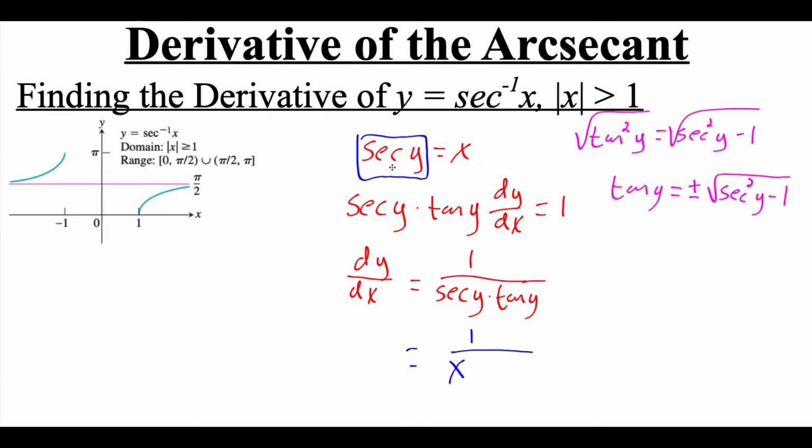And again, I'm going to do some substitution with that secant of y. We know that secant of y is x, so I can really rewrite this as x squared minus 1 underneath that radical. As we're plugging that in for this tangent of y down here, I'm going to pull that plus and minus out to the front of my fraction, and I'm going to leave the square root of x squared minus 1 on the bottom of the fraction with the x.